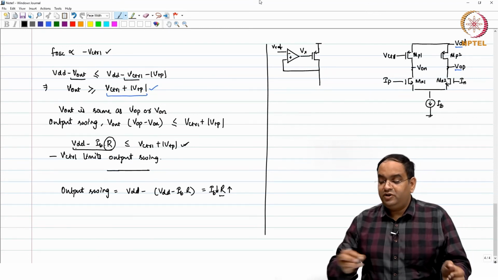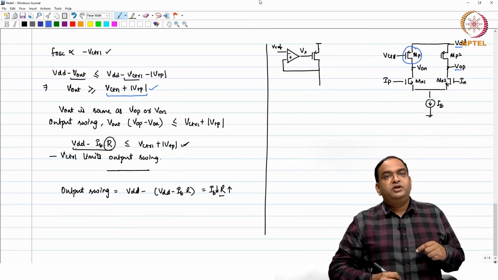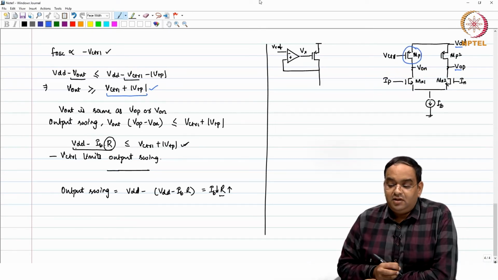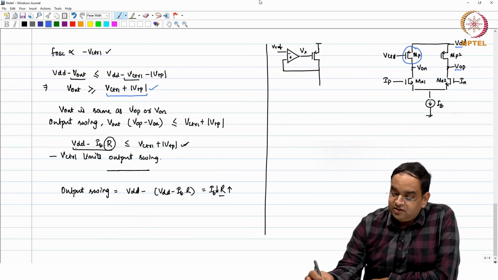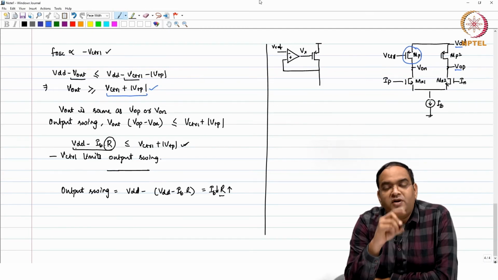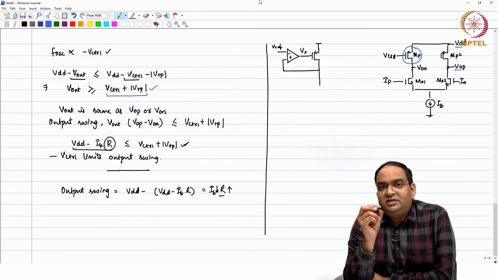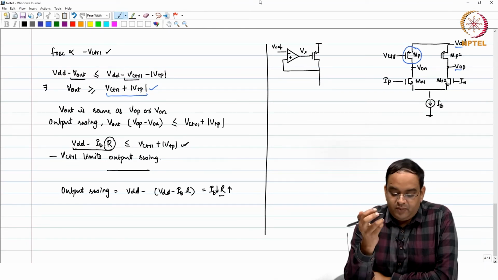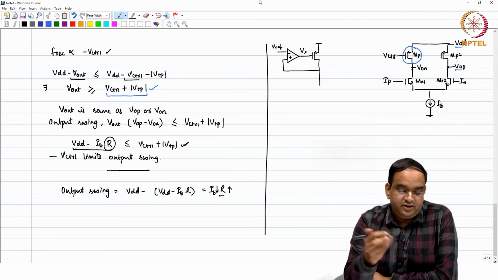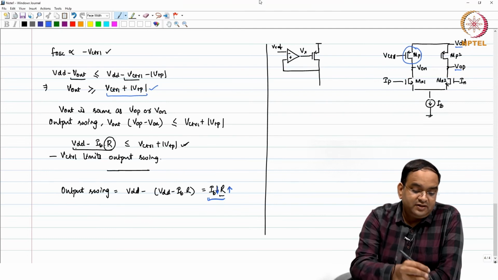We are going to decide the load resistor gate voltage in such a way that the product of the current through the load resistor and the load resistance value itself remains fixed. If the resistance increases, IB reduces, such that IB times R remains the same.